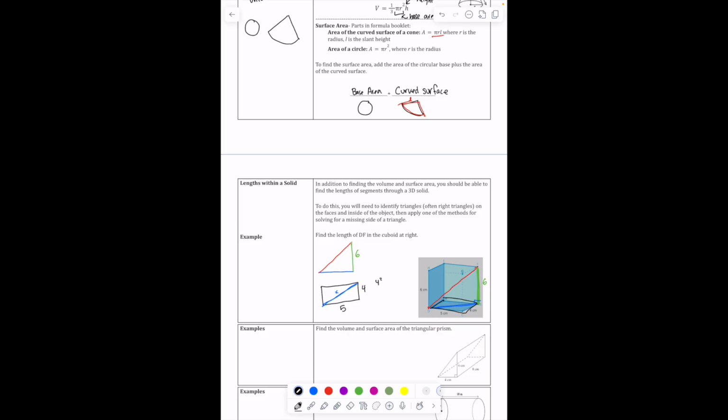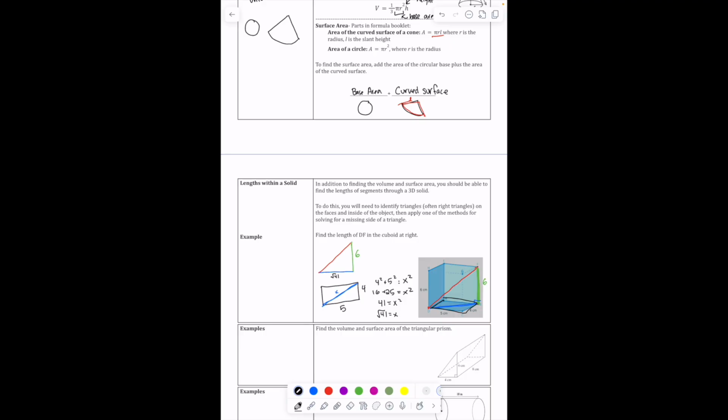So 4 squared plus 5 squared equals x squared. So we're going to end up with 16 plus 25 equals x squared, which gives us 41 equals x squared. And then we square root each side. Since I'm in the middle of a problem, I'm just going to keep it as the exact answer of root 41 and label this blue side as root 41.